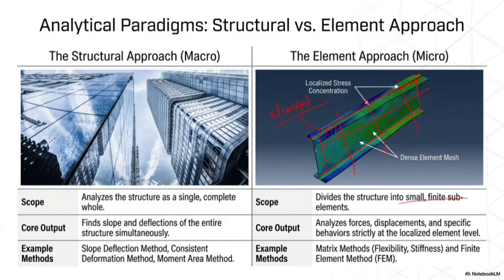That means it is called local coordinates. And here we will call it global coordinates. Matrix method, flexibility and stiffness methods, and the finite element method are all examples of the element level approach.